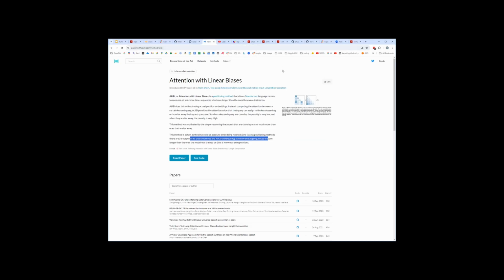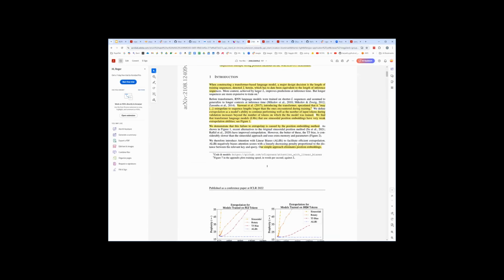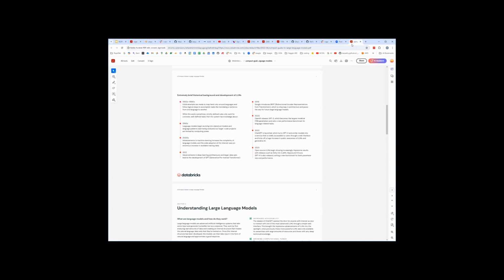Bloom was using Alibi. MPT, I don't know that one, but MPT was also using Alibi. So there were a few that were actually using Alibi. Wonder if there might be a patent on it. You always have to watch out.